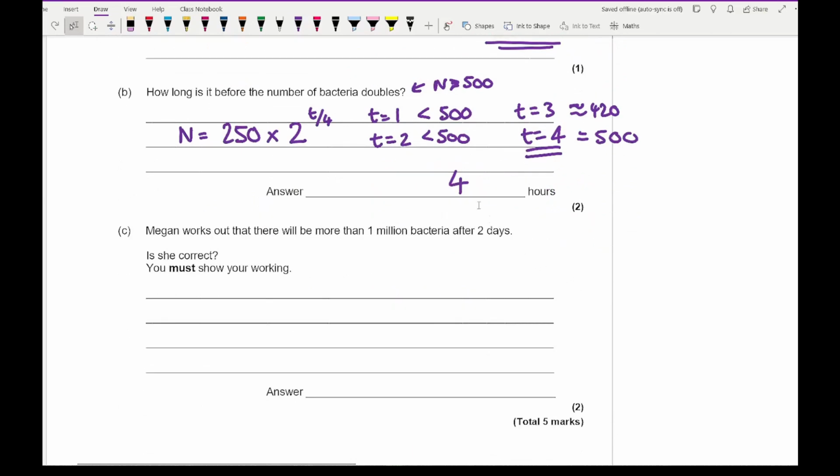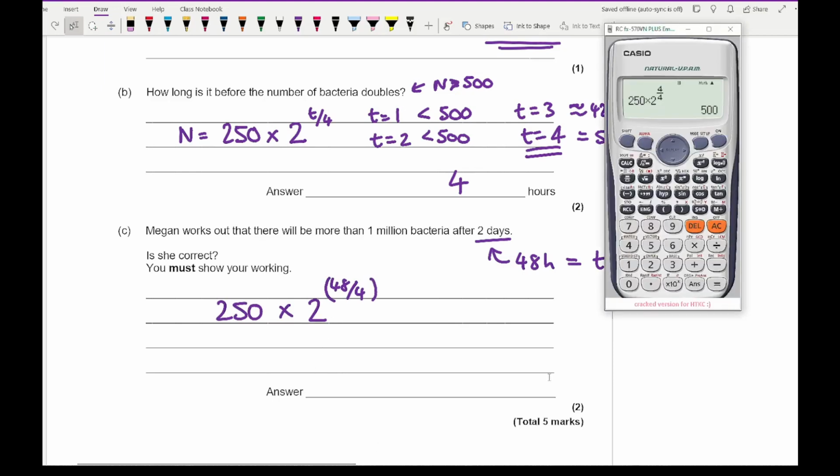It then says Megan works out that there will be more than 1 million bacteria after 2 days. Is she correct? Well, after 2 days, if T is in hours, that's going to be 48 hours, in other words when T equals 48. So we've got 250 times 2, with 48 divided by 4 as the power.